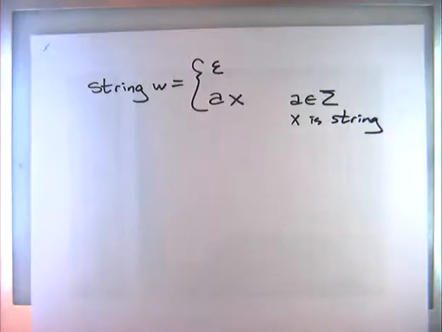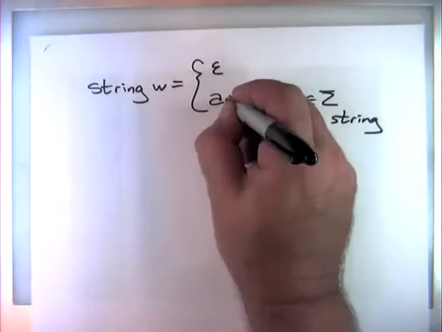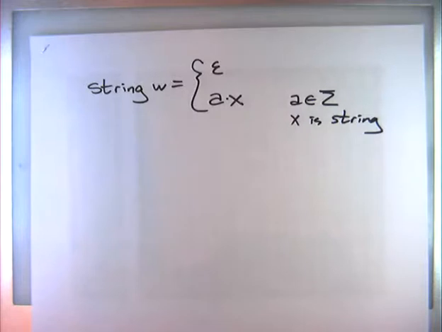Again, this is just shorthand for that formal ordered pair notation. Sometimes, if we want to make this really clear, we might put a little dot between the A and the X. This is just like multiplication in algebra. Sometimes we have the dot, sometimes we don't. It depends on whether it makes things clear or not. Okay?